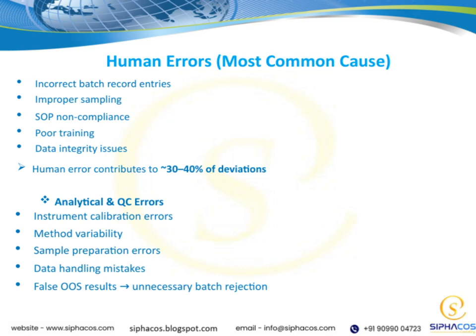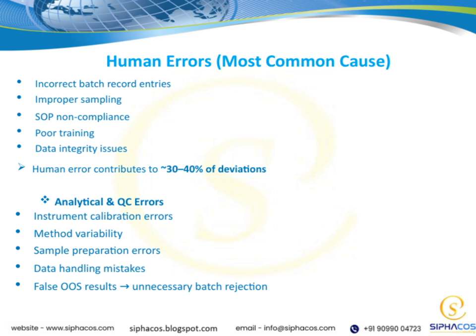If samples aren't prepared correctly, the entire analysis can be compromised. Data handling mistakes, such as misrecorded or misinterpreted data, can further skew results. All of these issues can sometimes lead to false out-of-specification, or OOS, results, which might cause unnecessary batch rejections.